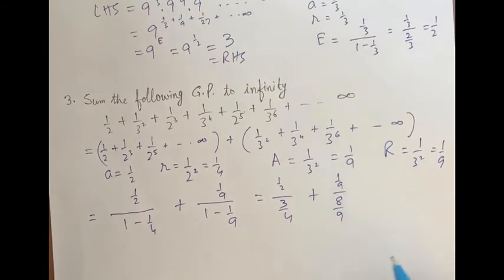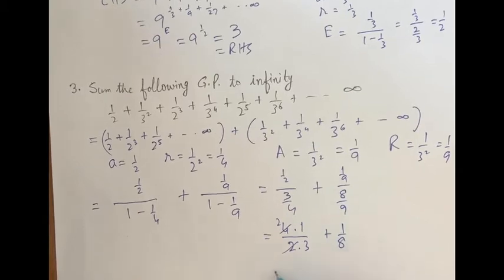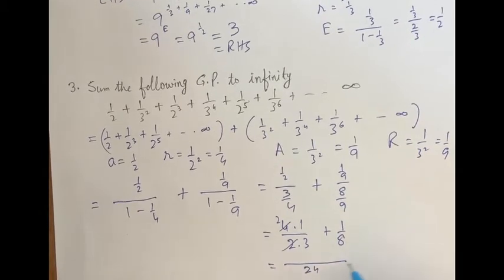This can be written 4 into 1 upon 2 into 3, this is 1 by 8, this is 2. We take LCM, this is 24, this will be 24 divided by 3 is 8, into 2 is 16, and this is 3. So this is 19 upon 24. This is sum of infinite terms of this GP.